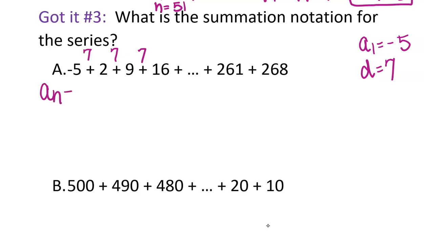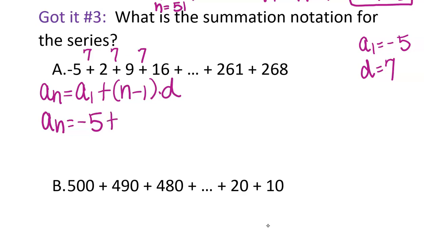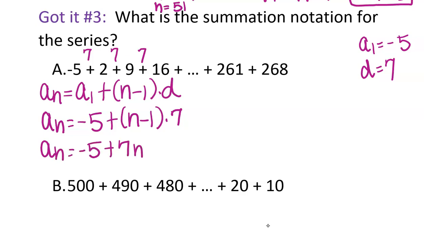A sub n equals a sub 1 plus n minus 1 times d. I'm going to make it specific for this one. A sub n equals -5 plus n minus 1 times 7. Simplifying that, we get -5 plus 7n minus 7. And that gives me a simplified formula, -12 plus 7n.